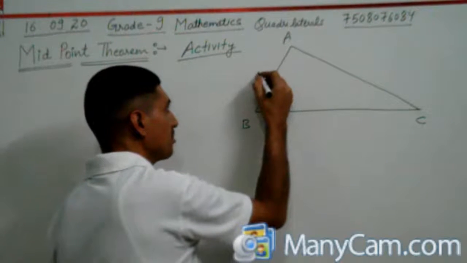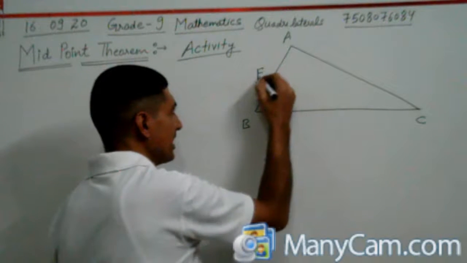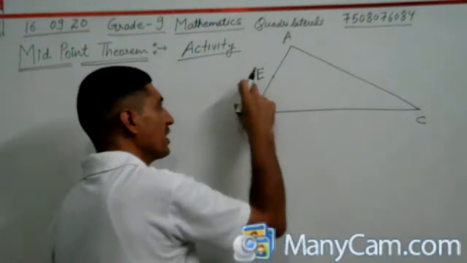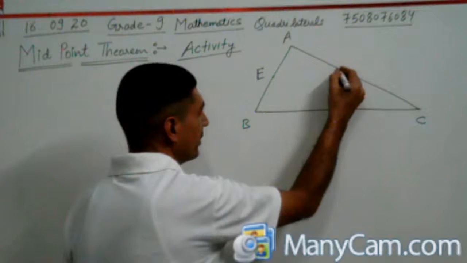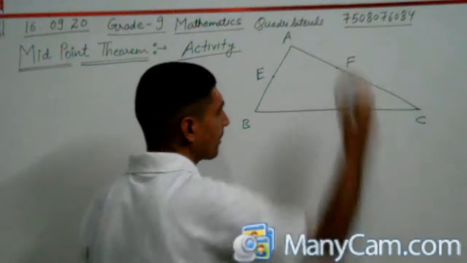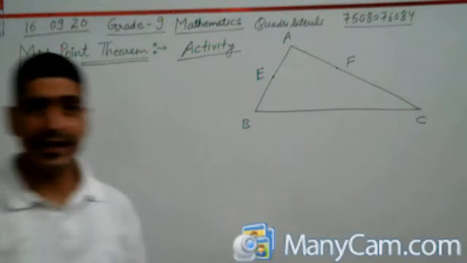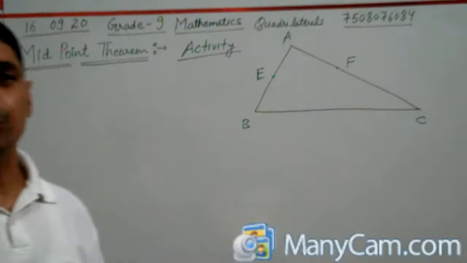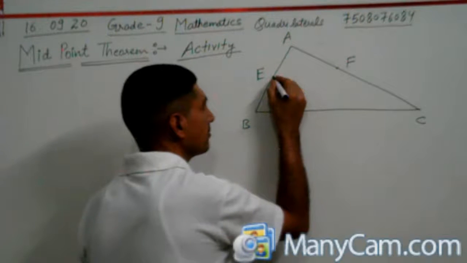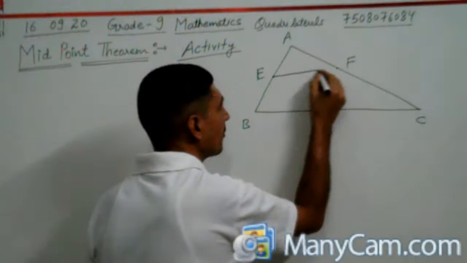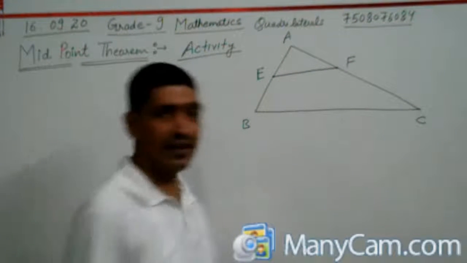Let this point be E. E is the midpoint of AB, and here also is the midpoint F. Take E and F as the midpoints of the sides of this triangle. Join E with F. What have we done in this activity?